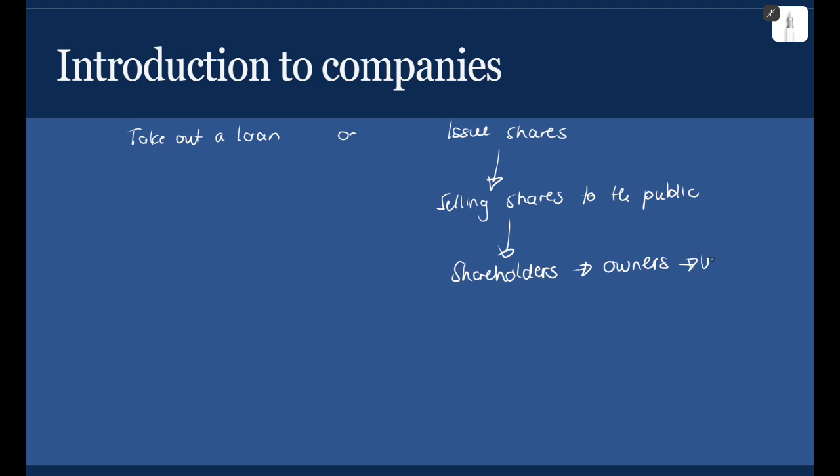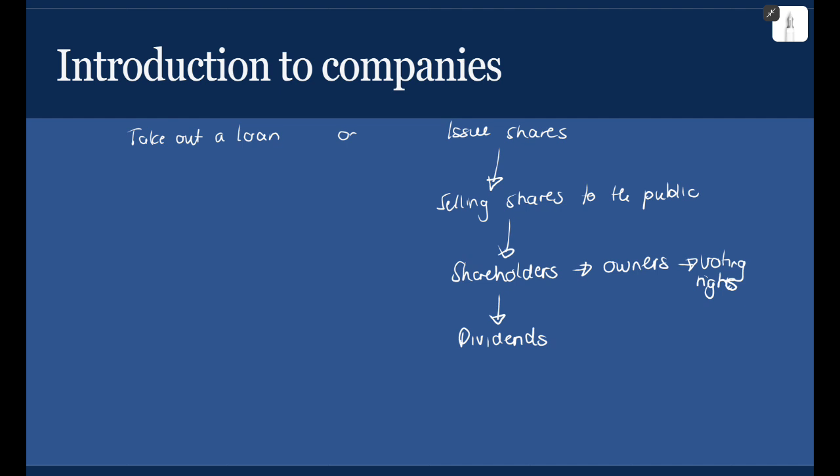So when you're owner of a company, you have voting rights, right? And then, okay, you have voting rights, but what do you get in return for buying these shares? In return for buying these shares, the company will pay you kind of like a salary, but it's not a salary, it has a name, and that name is called what? Dividends, right?